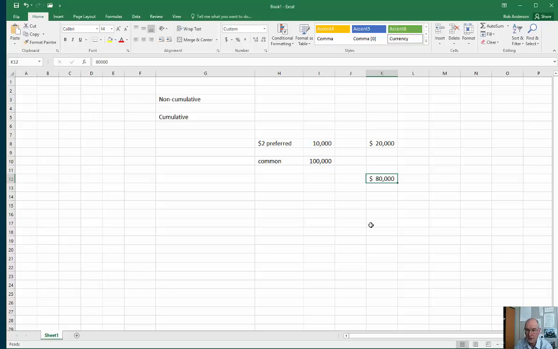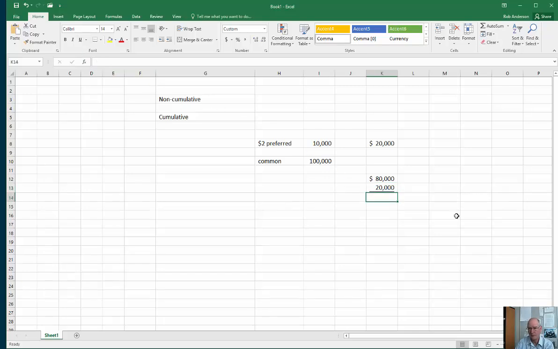So as soon as this is declared, what it means is that whether you have non-cumulative or cumulative preferred shares, you have to pay your preferred shareholders or allocate that money to them first. So here's your preferred dividend. The preferred shareholders in this first example are going to receive their $20,000.